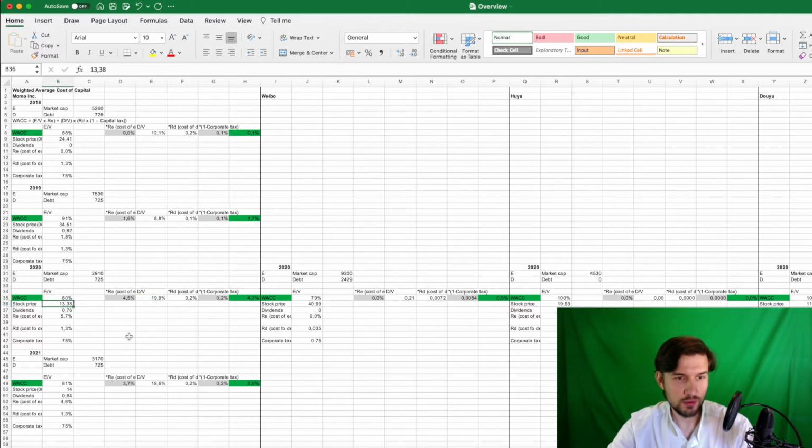In order to calculate the cost of equity, we need to know if there were dividends paid. Dividends are a cost of equity because that money is paid to the shareholders and therefore it reduces the value of the equity.